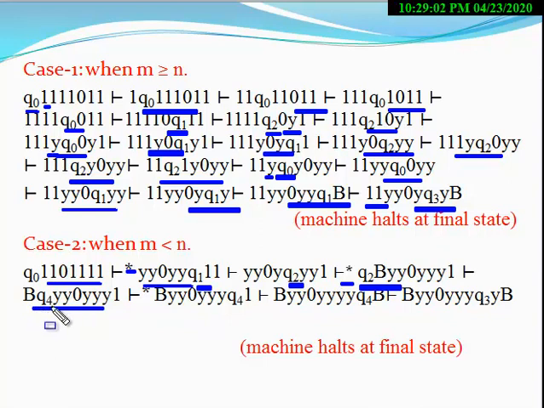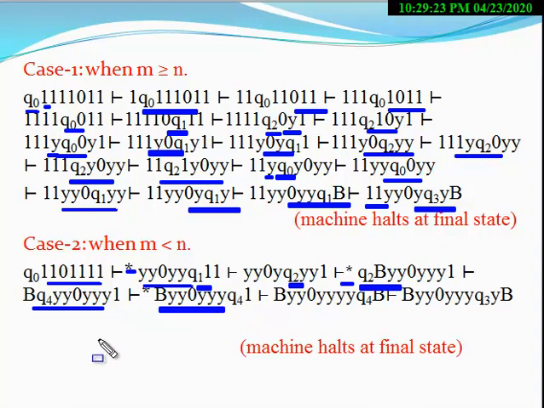Now at the state Q4, the machine moves to the right direction. At the Y symbol the machine moves to the right direction, right? Either at 0 or at 1 the machine only moves in the right direction. So after some number of rules the next ID becomes this ID.